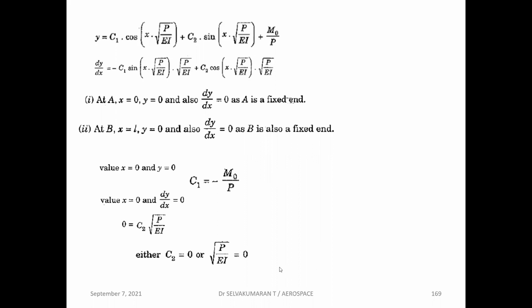So either C2 must be equal to 0 or root of P by EI must be equal to 0. Root of P by EI cannot be equal to 0, because without load, without the material, without the cross section, load cannot be applied, but C2 can be equal to 0.